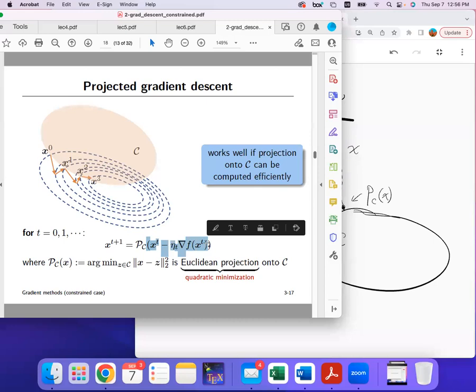After that, we need to do a projection. So to implement this algorithm, we need to find a way to implement this projection. And this depends on the specific problem. For different sets, the projection may be simple. It could be very complicated. So it really depends on the problem form.